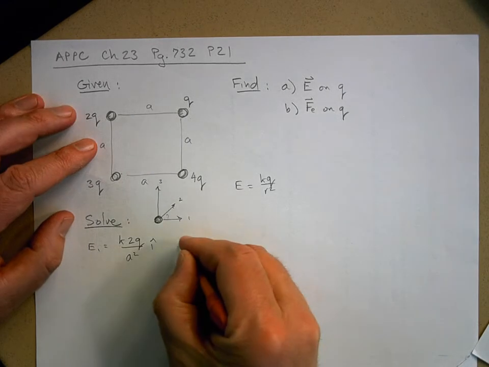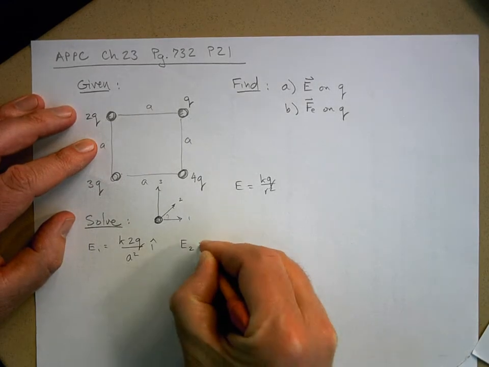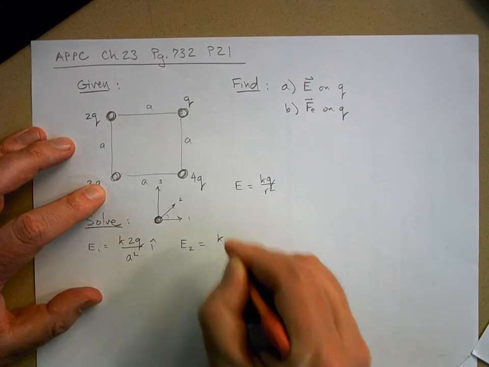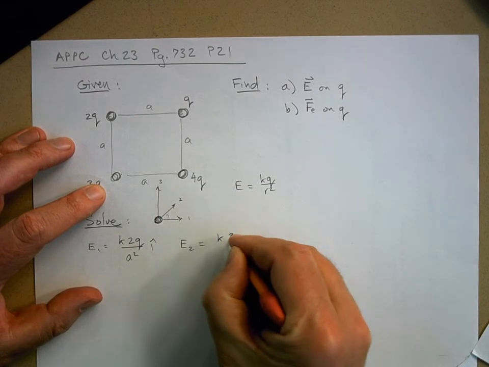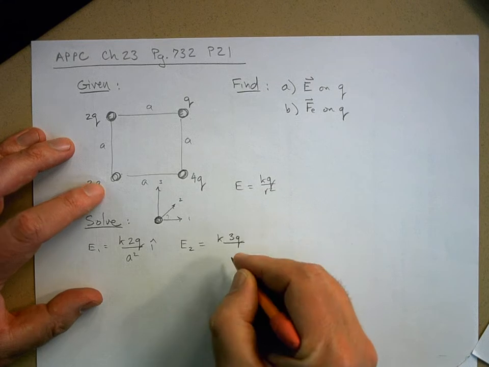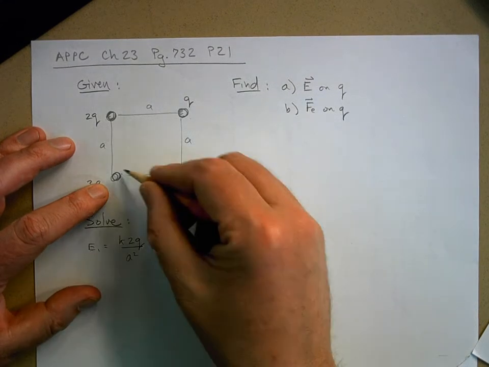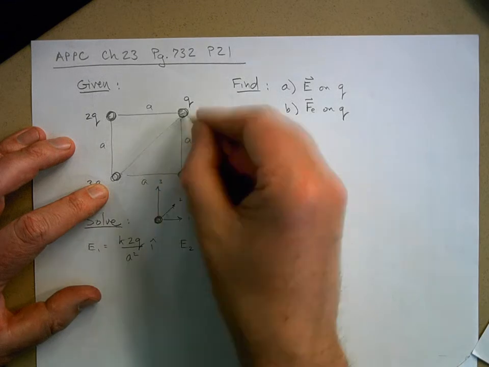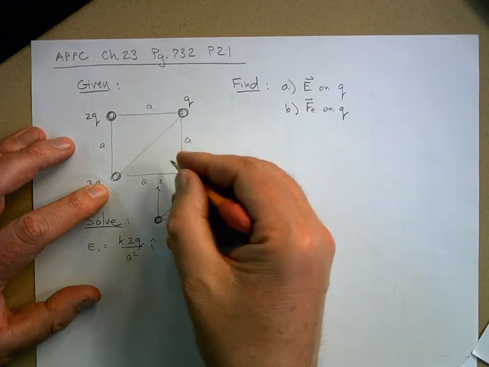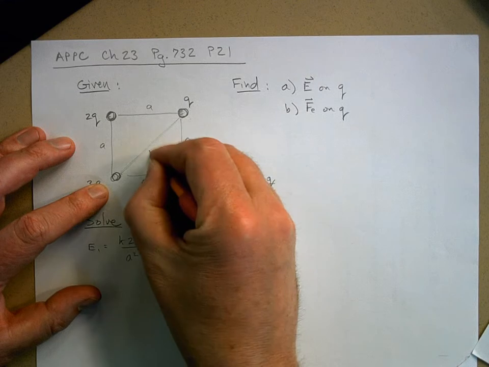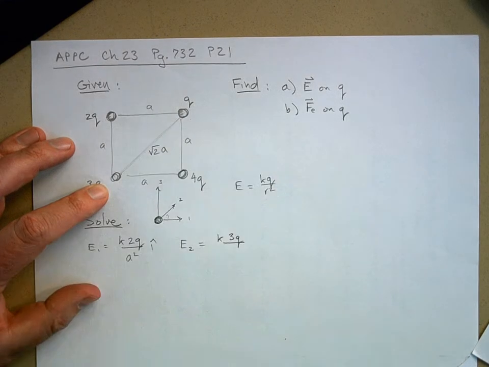Now, E2 is a little bit more complicated. It's got a magnitude of K times 3Q over, now, if you think about this distance here, it's the square root of 2 times A, right?